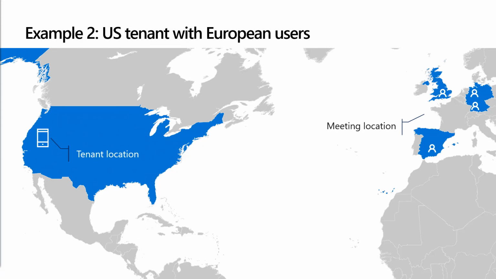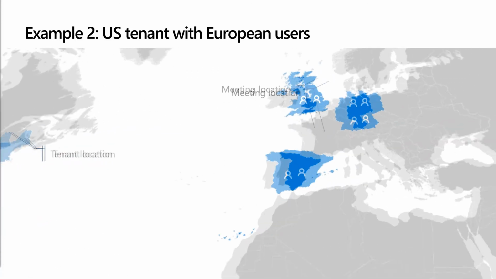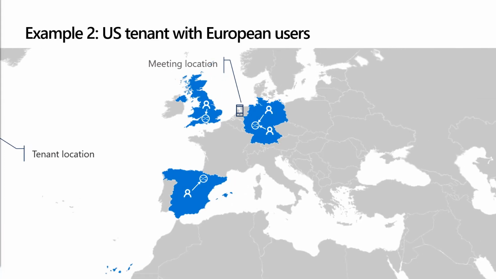Now what happens if we have a tenant based out of the United States, and we have some coworkers in Europe who are going to spin up a Teams meeting? Does that traffic have to come to the United States? And the answer is no. Again, it'll go to where the first person that joins the meeting is from.